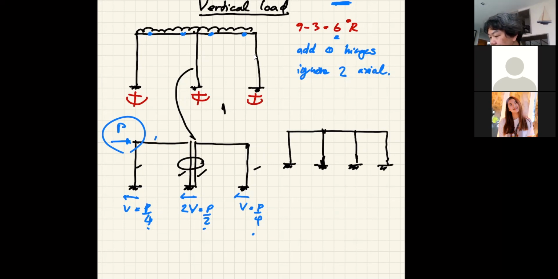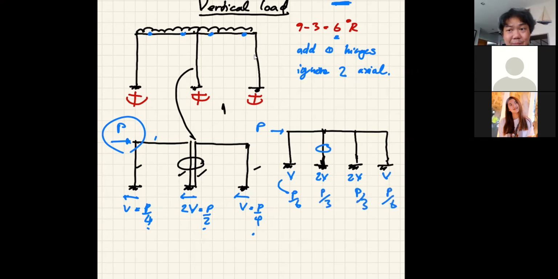So that means I would have a V here, and then that's 2V, that's 2V, and then that's another V. So in total, I have 6V that would be equal to 1P. This V will become P over 6. That's 2 V's because I have 2 columns tied together. That's P over 3, that's P over 3, and then that's P over 6. That's simple, you know?